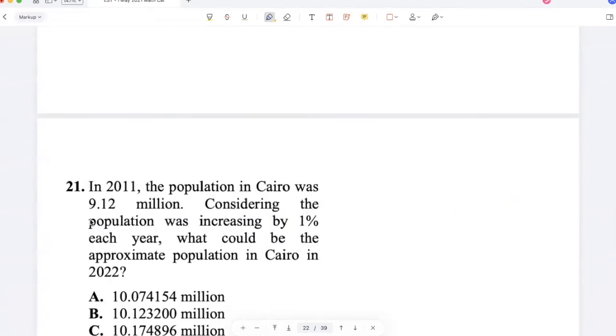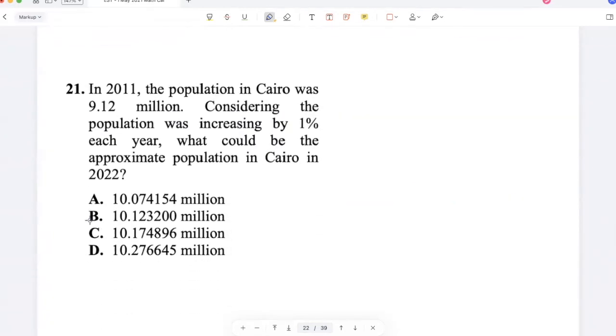D. In 2011, the population of Cairo was 9.12 million. Considering the population were increasing by 1% each year, what could be the population of Cairo in 2022? Okay, so population in 2022 would be 9.12 times 1.01, and how many years? 11 years.